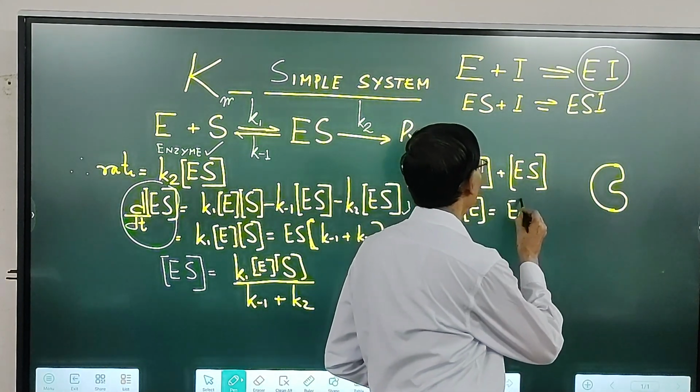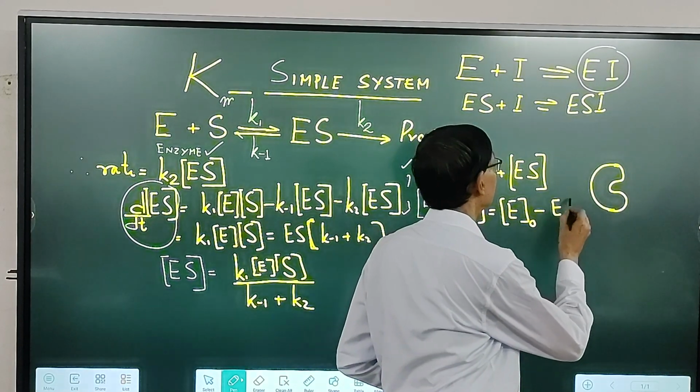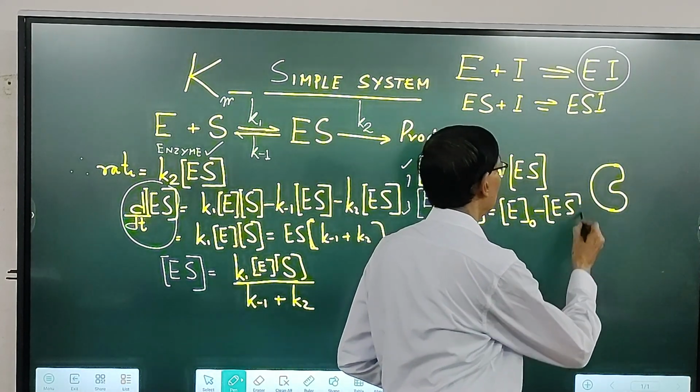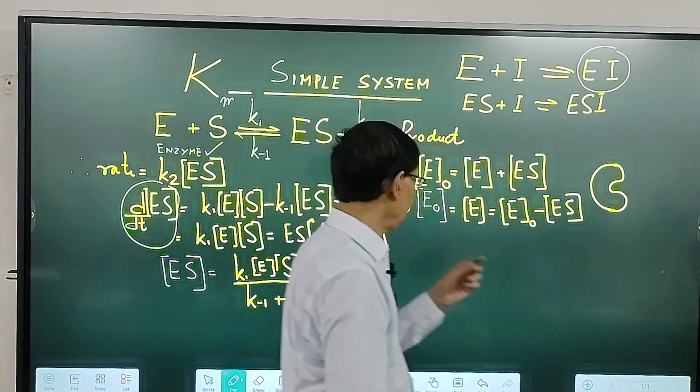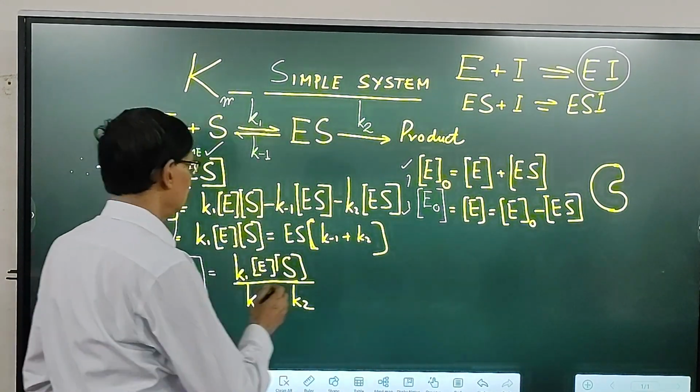E0, whatever I write, so it is not minus E. I am taking the book of the Ladler like that. So you follow my point. You can write like that also. You substitute the value here.